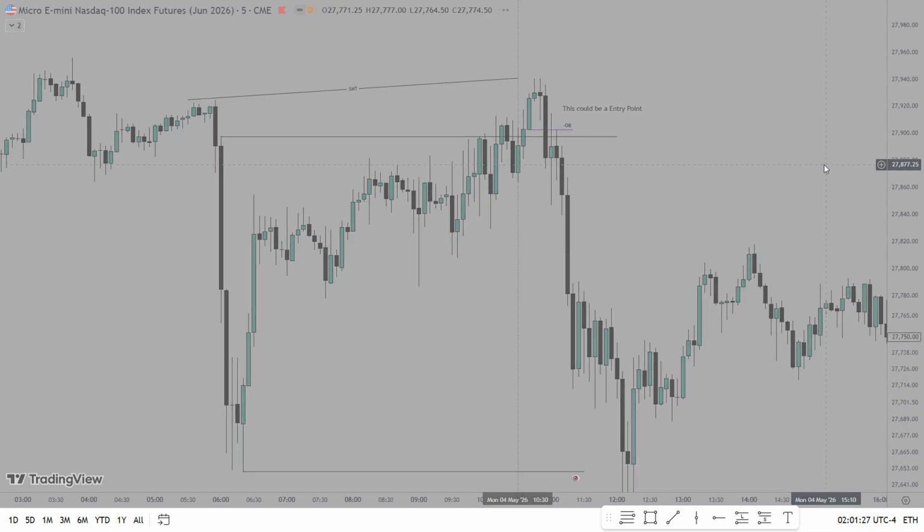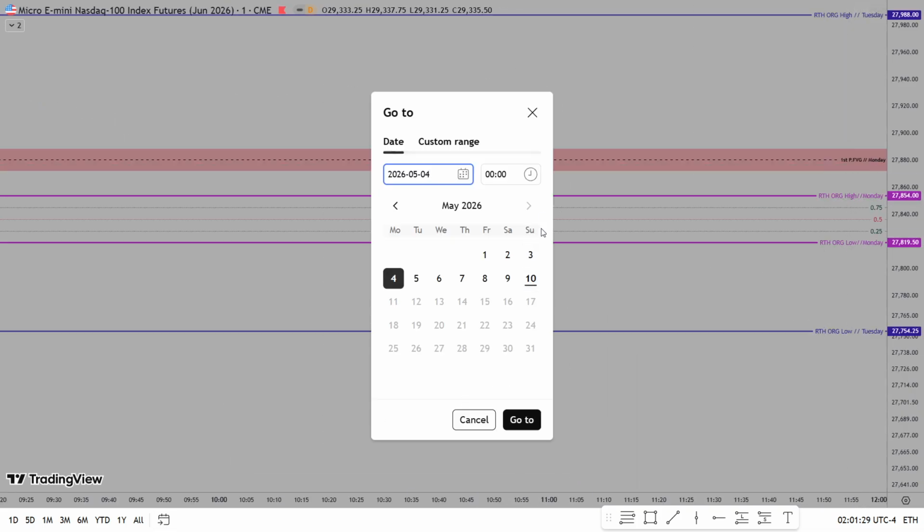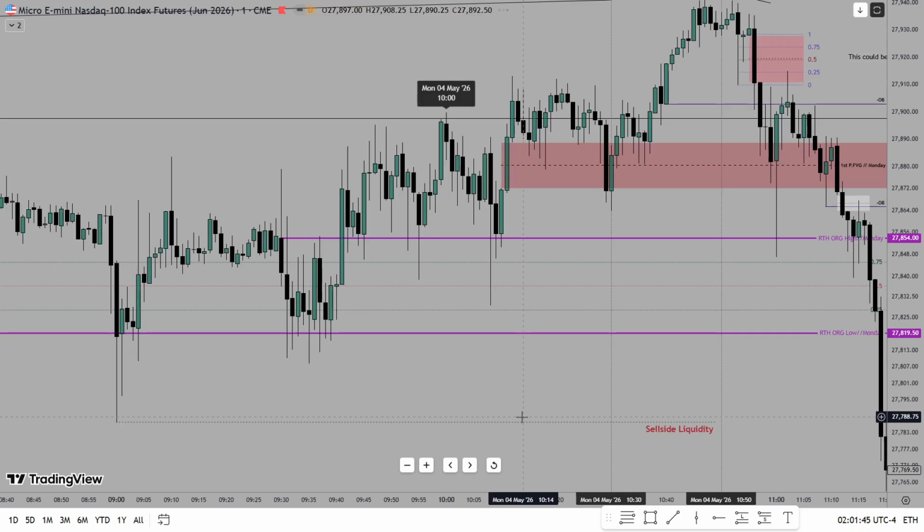Now come to the 1-minute chart. I'm using this go-to because it makes it easier to go where we want to go fast and precise.